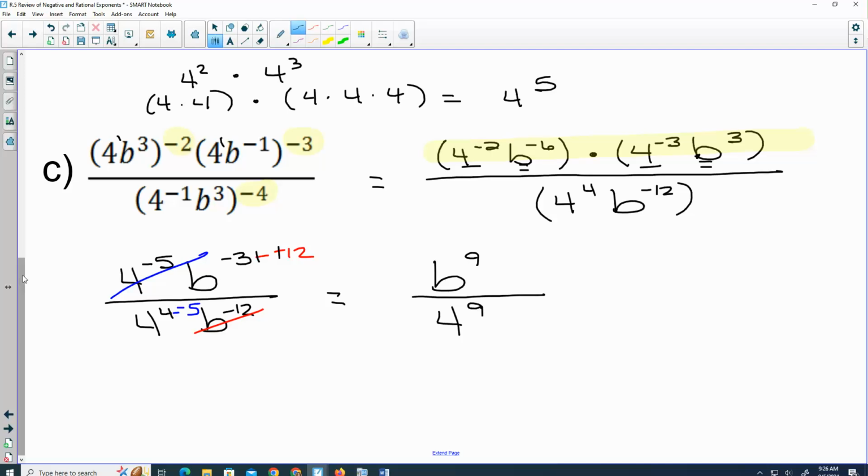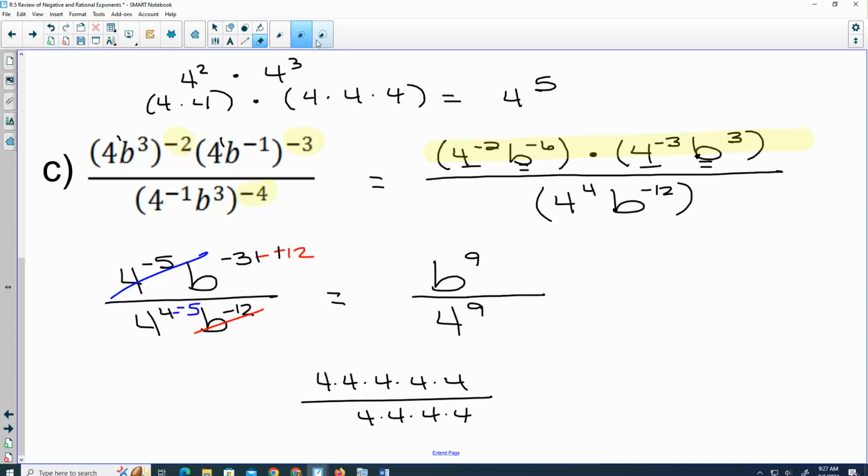Because 4 over 4 is 1, right, but it's like saying essentially, if you have 4 to the 5th, that's 5 fours. When you have 4 to the 4th, that's 4 fours. Even if you cancel things out, it doesn't change the fact that we have 4s remaining.